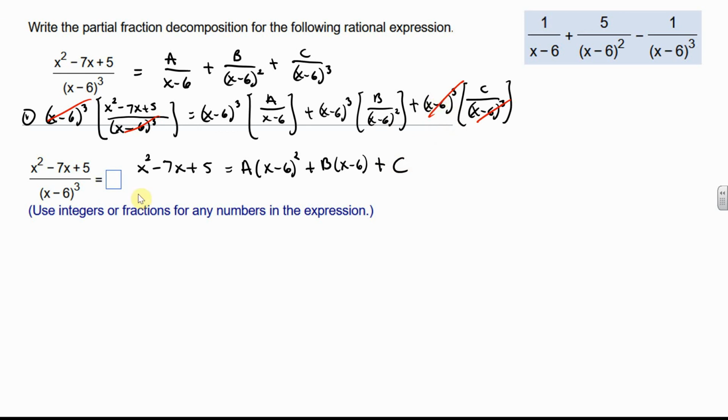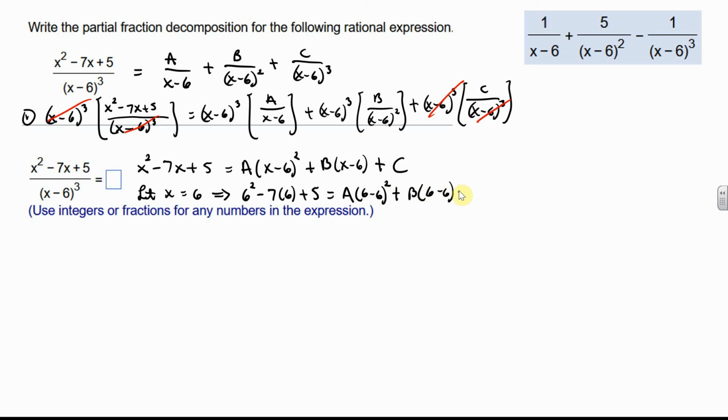So we let x equal to 6. So we have, the left side, 6 squared minus 7 times 6 plus 5 is equal to, I'm just going to plug in, since I'm plugging in everything, this is 6 minus 6 squared. It's going to go out anyway, plus b times 6 minus 6.